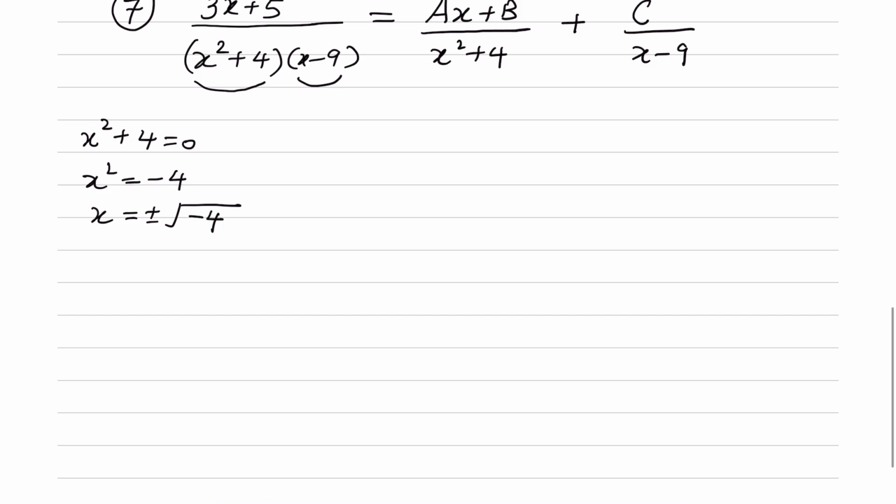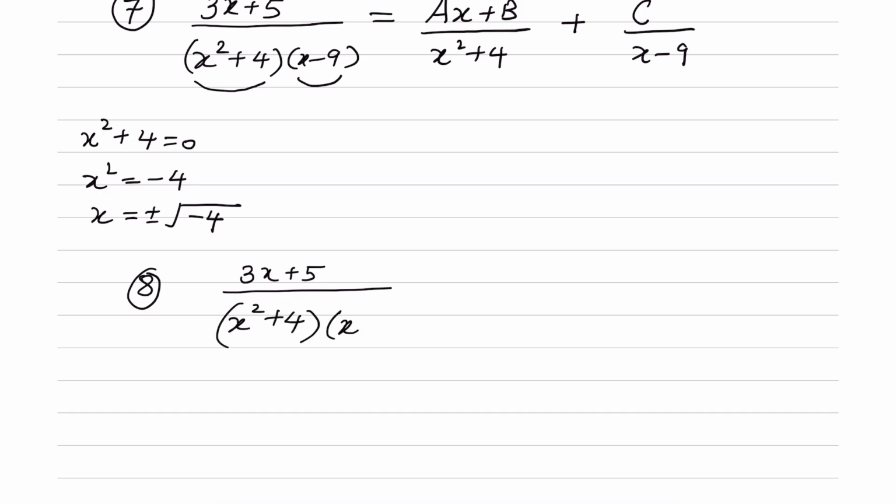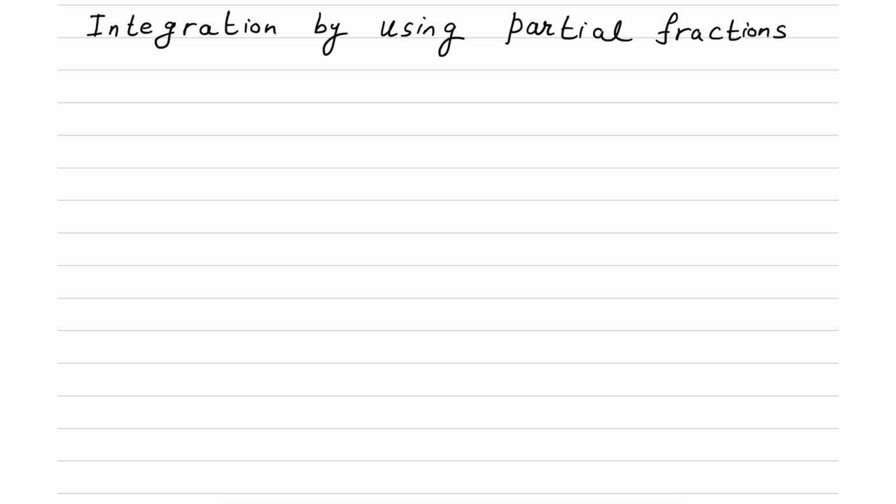Let's look at another rule. This time we have some numerator, 3x + 5, divided by (x² + 4)(x² + 9). Now in the denominator we have two different 2 degree expressions, 2 degree factors. As we have seen in the case of x² + 4, which cannot be factorized, the same way x² + 9 cannot be factorized.